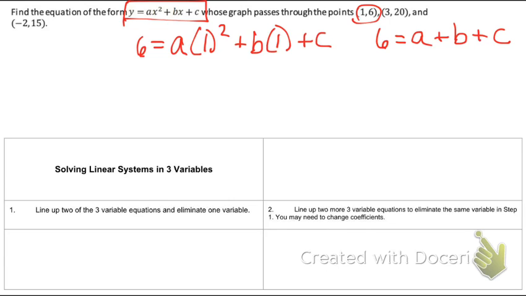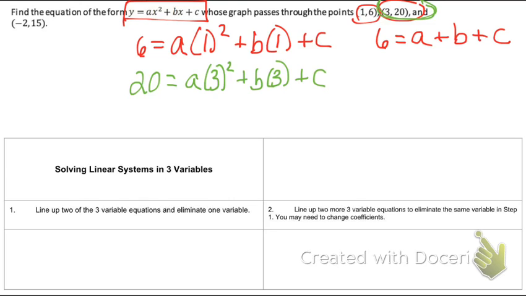In my second equation, I get my y value is 20, my x value is 3. Let me change colors here. So 20 equals a times 3 squared plus b times 3 plus c. So 20 equals 9a plus 3b plus c.